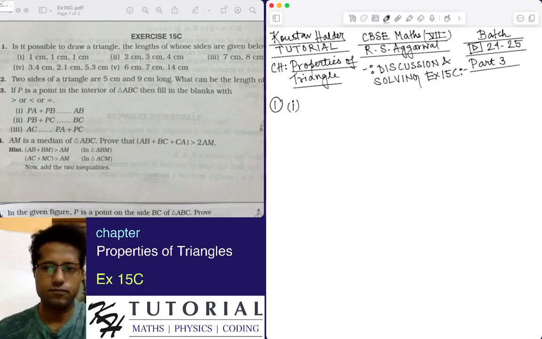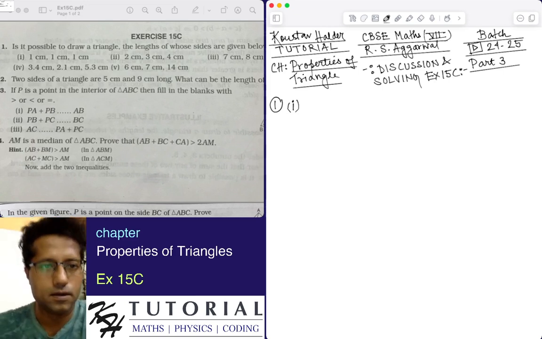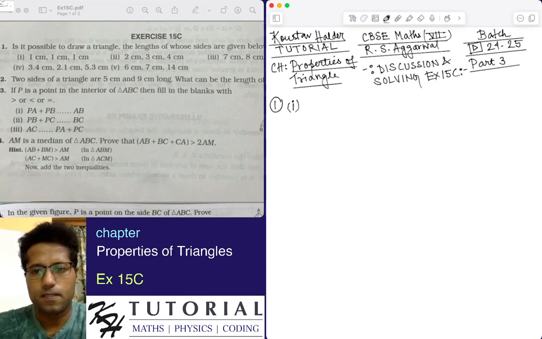So basically we have to use the triangle inequality. For part 1, we have to check that the sum of the lengths of any two sides must be greater than the third side. So first let's check.